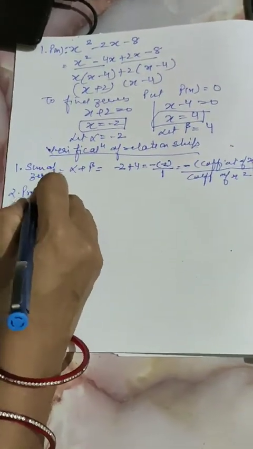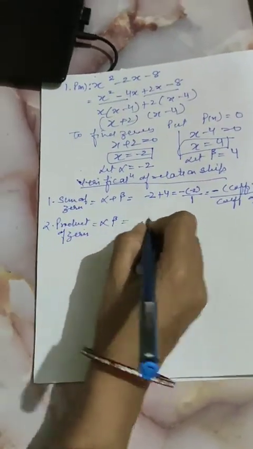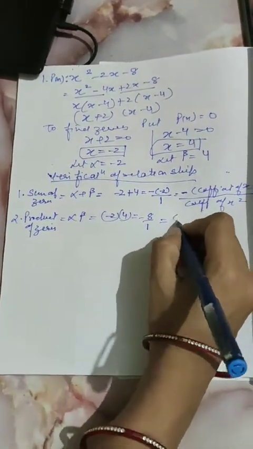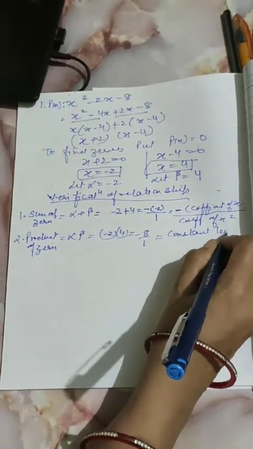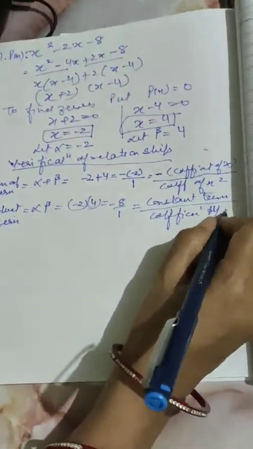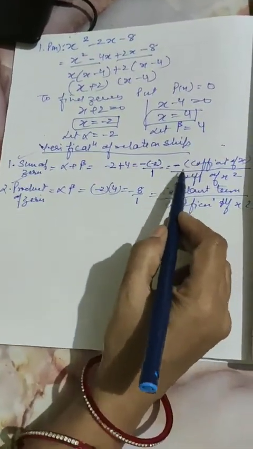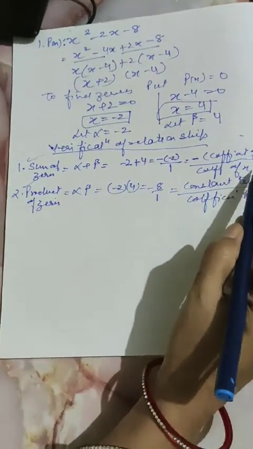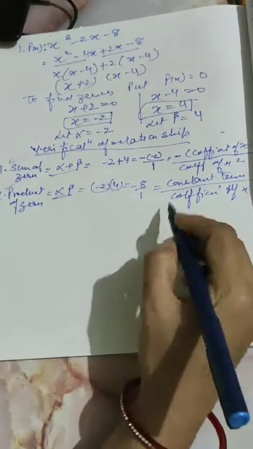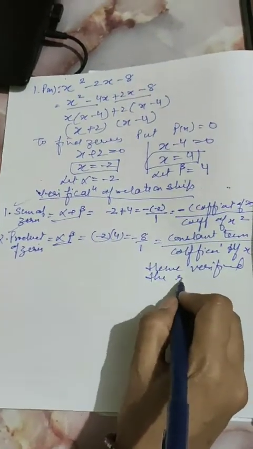Let's verify for product of zeros. You can see minus 8, it means constant term upon coefficient of x square. So you can see I verified the relationship also. The sum of zeros is equal to minus coefficient of x upon coefficient of x square, and the product is equal to the constant term upon coefficient of x square. So hence verified the relationship.